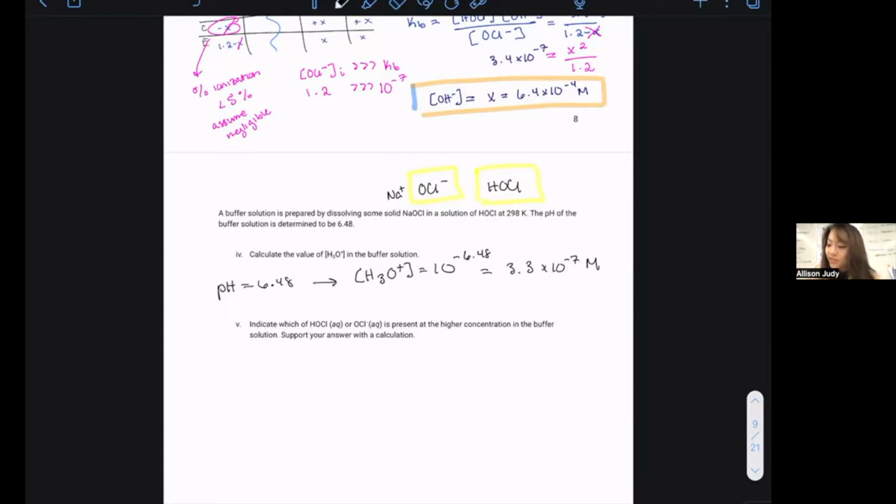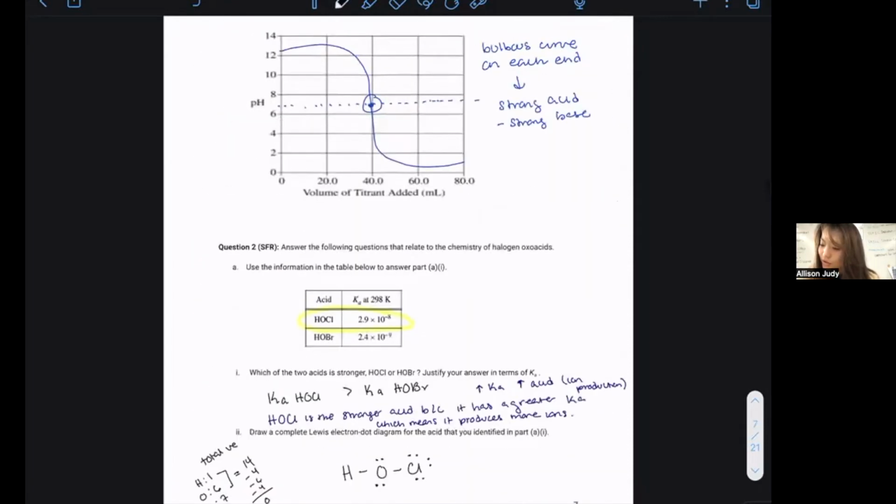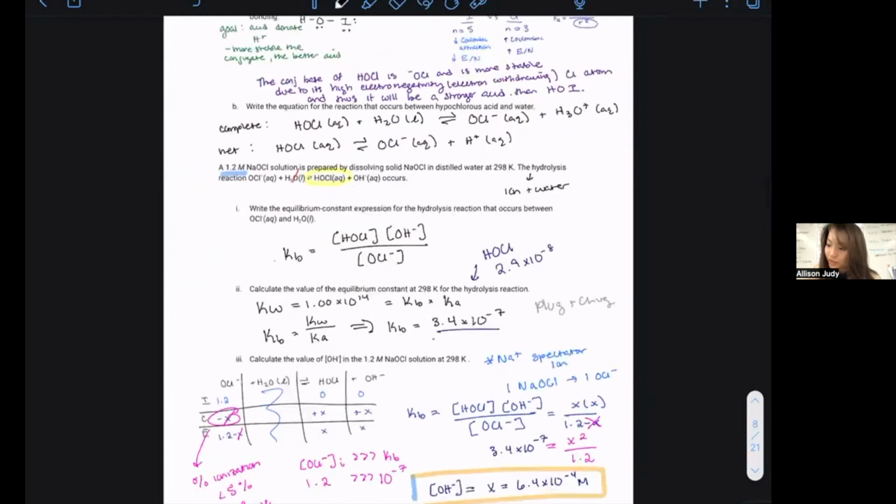I should start by asking: what is the equation that allows us to determine a ratio of concentrations? One of the only equations that puts a ratio between the conjugate and the original species is the equilibrium constant K, and specifically the Ka, because we're talking about an acid. You could go from Kb, but I would go from Ka, partly because our data is given in terms of acidic values, which I take as a hint in the prompt.